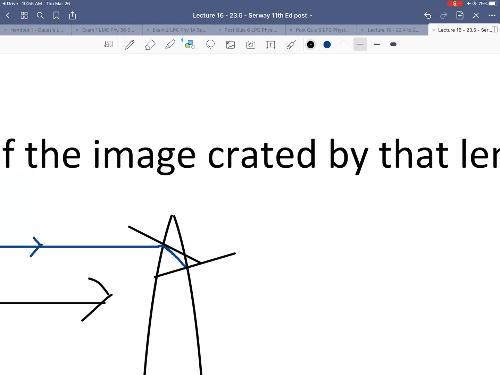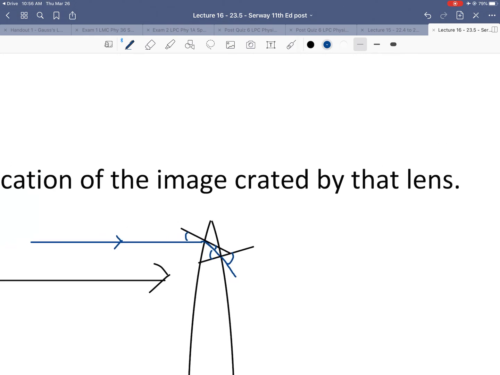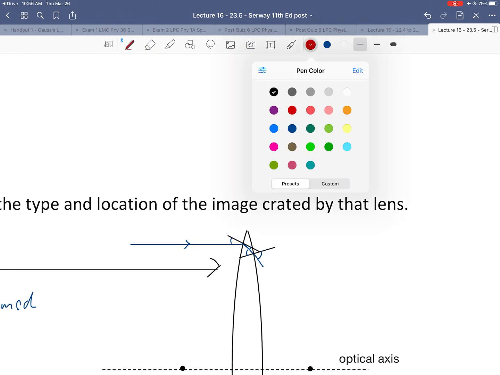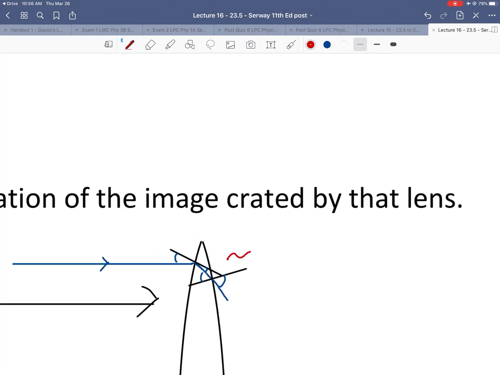So we have a bending towards the normal, which we can see clearly between these two angles, theta 2 being smaller than theta 1. And on the way back out, we would bend away from the normal, so it would further bend like so, with this being our last two angles. Okay, so that would be true refraction. Okay, so we can label that as such.